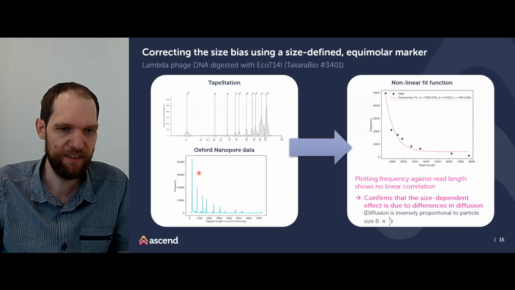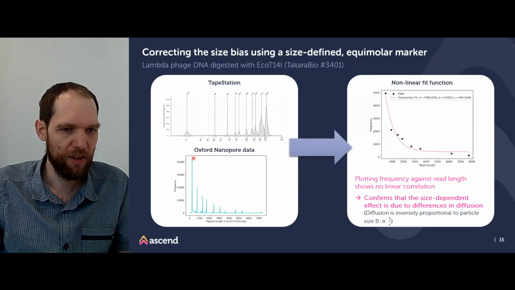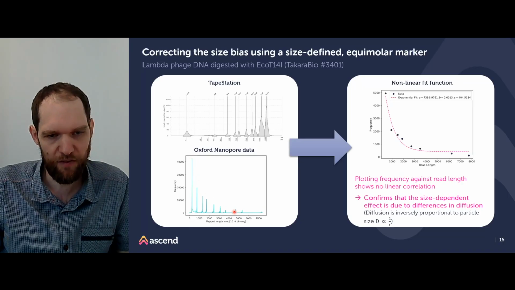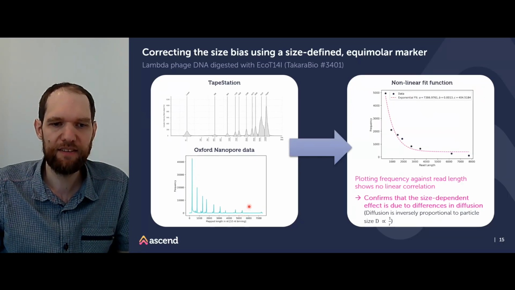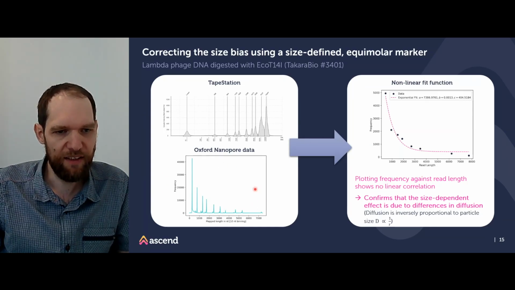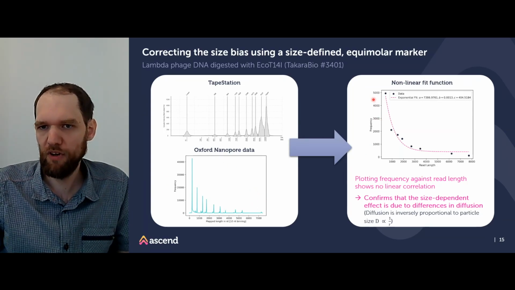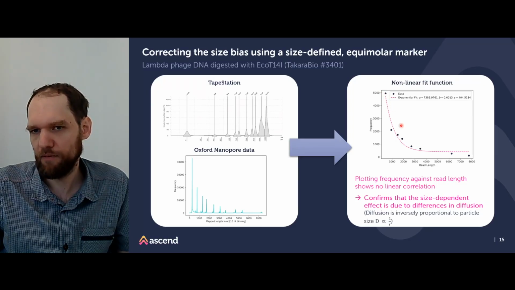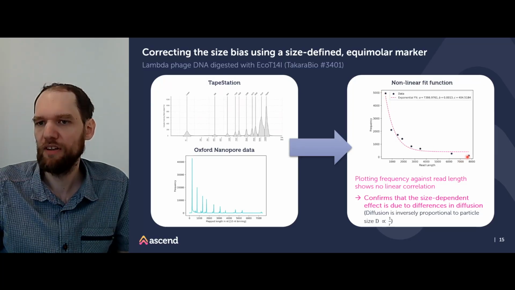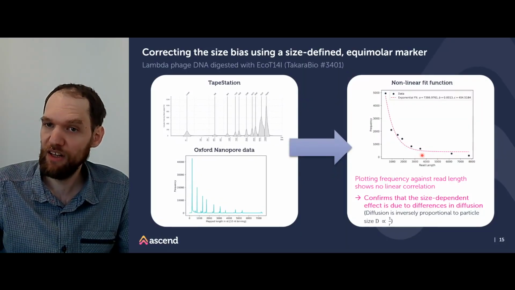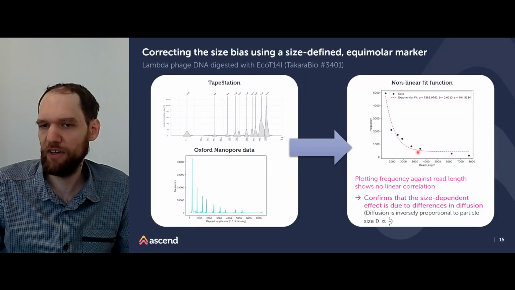If we sequence this with Oxford Nanopore, we see a strong selection of short fragments. So we have a lot of them, and the larger the fragment gets, the less likely it is to be sequenced. And we can take these data now to plot a function, and you see here it is a non-linear function, and you can basically do a regression now and make an exponential fit.